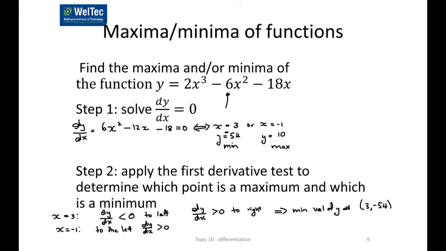And if we go a little to the right of x equals -1, say x equals -0.9, and put that into the derivative, then we find that the derivative is negative. So that tells us that there's a maximum at that point.